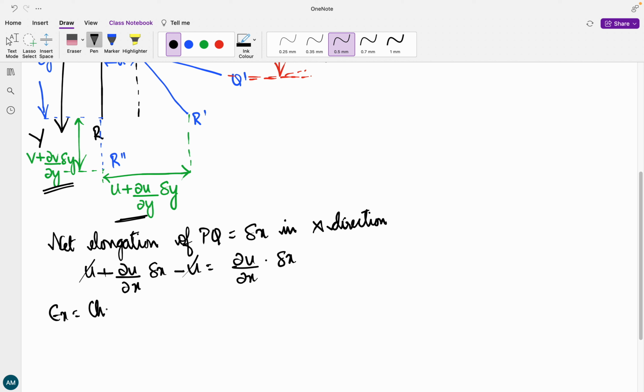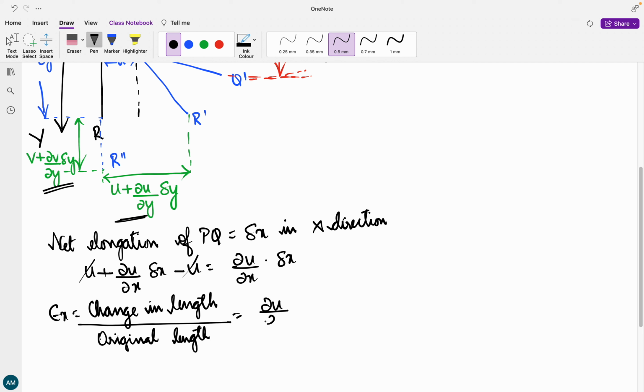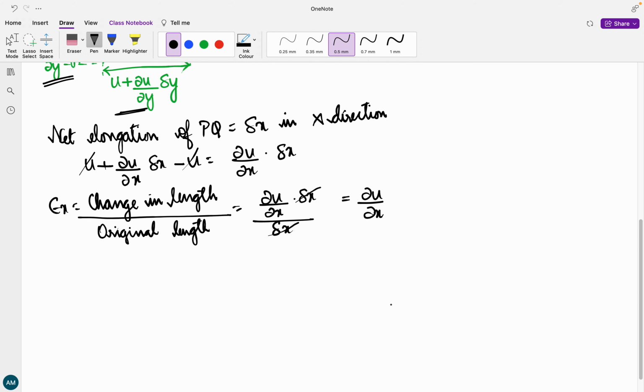Epsilon x is the strain along the x direction, so this is change in length divided by original length. Change in length is dou U by dou x into delta x, original length is delta x. Delta x gets cancelled, so it is dou U by dou x.